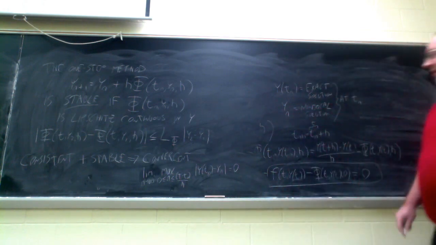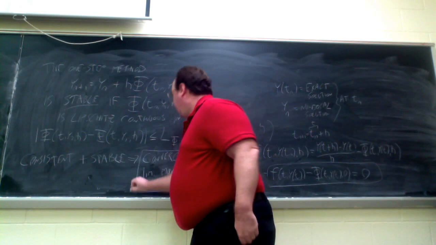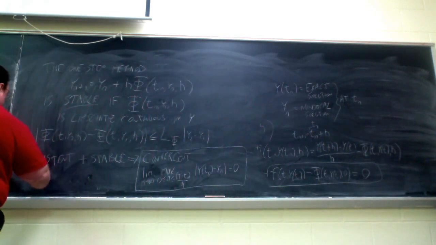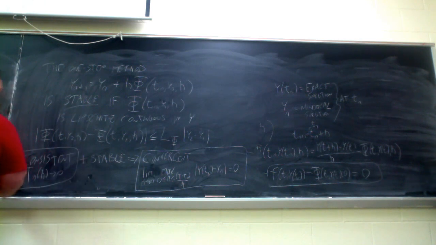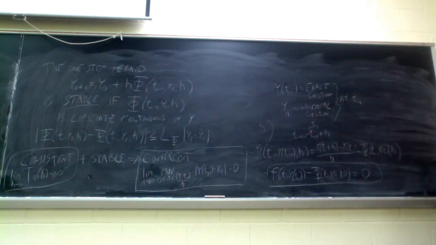So that's what convergent means. Okay. Consistent just means that the local truncation error goes to 0 as h goes to 0. And stability just means your phi function is Lipschitz continuous.